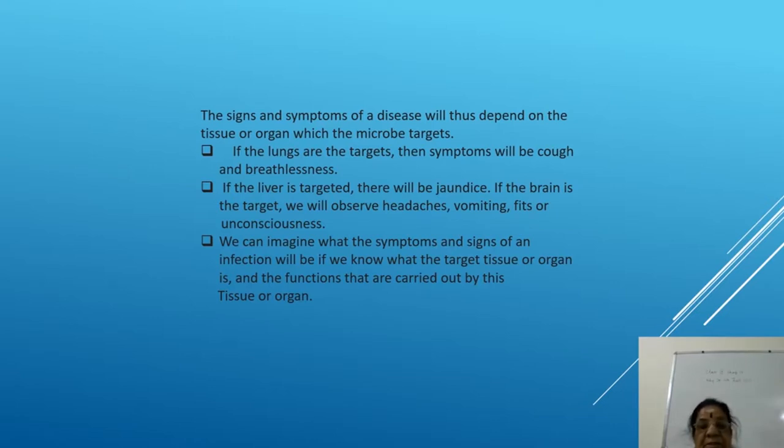And we can imagine what the symptoms and signs of an infection will be if we know the target tissue or organ and the function carried out by it. That's the previous explanation.